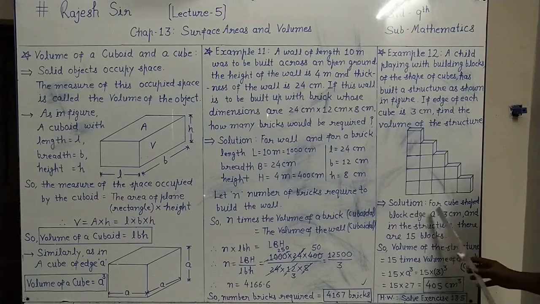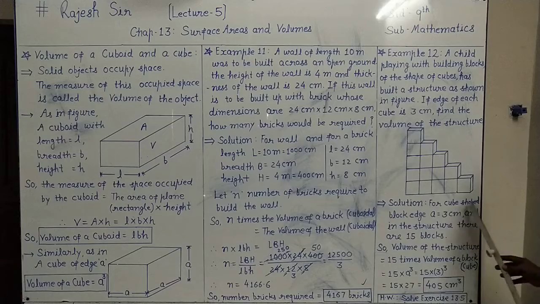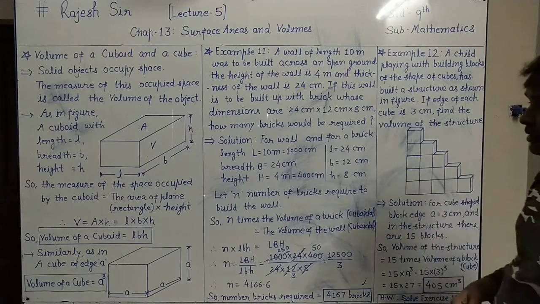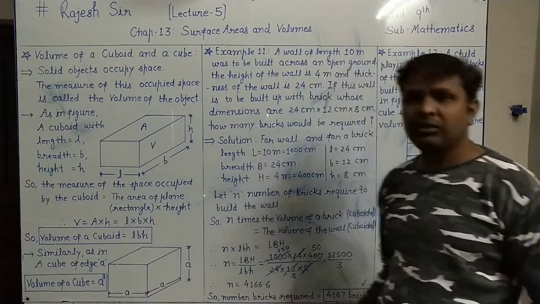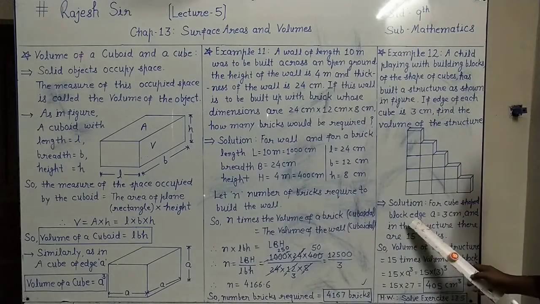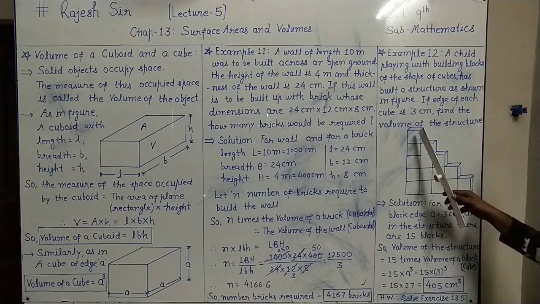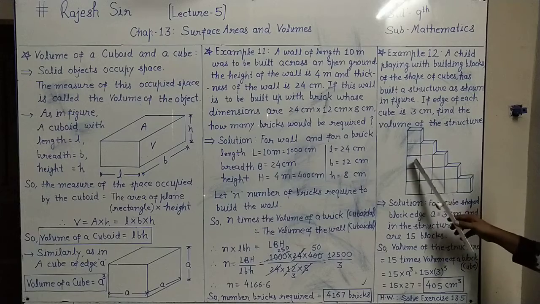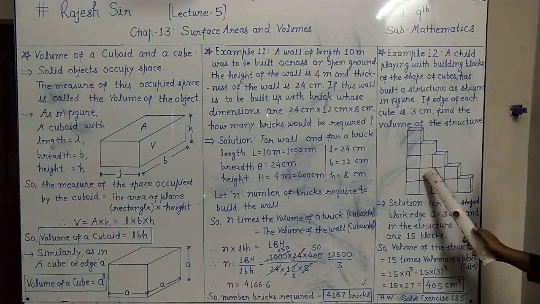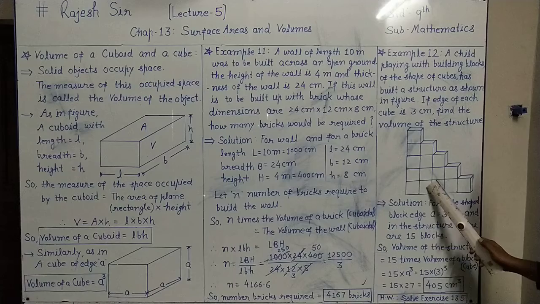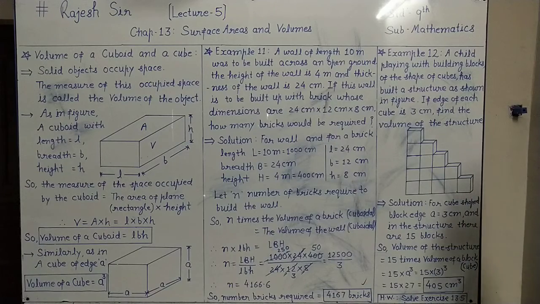So here is the solution. For the cube-shaped block, the edge is denoted as a in the usual notation. So edge a equals 3 cm, given in the question, which you have noted. And in the structure, you count how many blocks are used. 1, 2, 3, 4, 5, 6, 7, 8, 9, 10, 11, 12, 13, 14, 15.